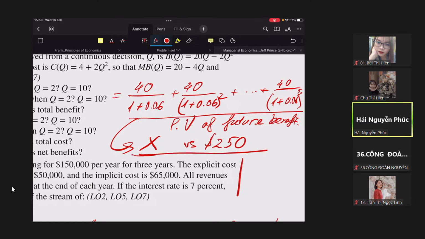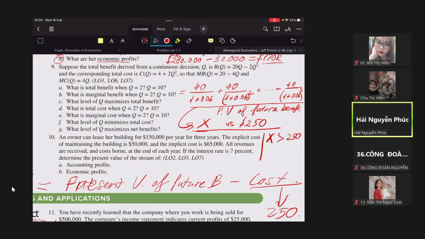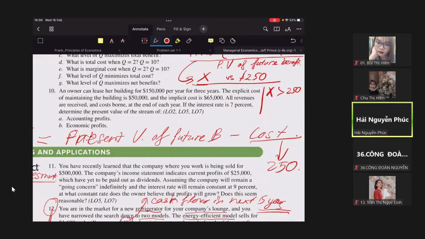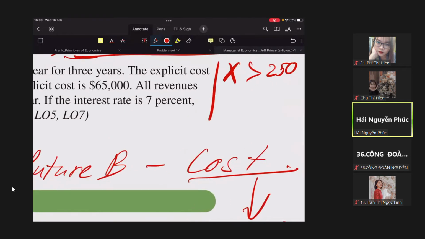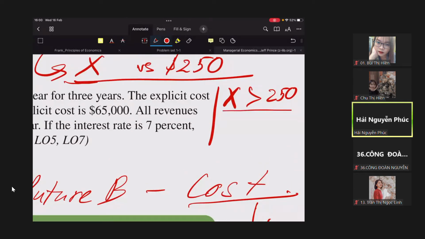Assume that if x is greater than $250, what kind of model will you purchase? The energy efficient model or the standard model? What do you think? If x is greater than $250, which one would you buy?